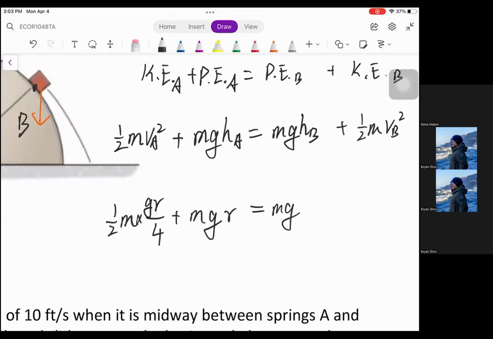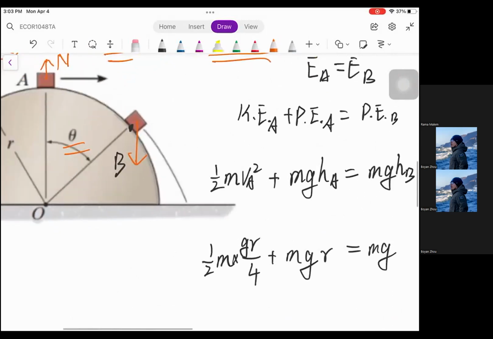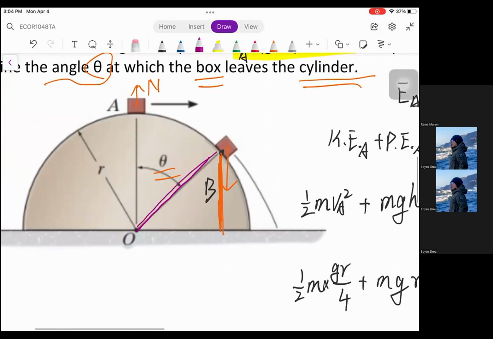And the height at point B is essentially this one. From the geometry, you can see this one is the radius R, and we're looking for this length, or you can project it to the front.